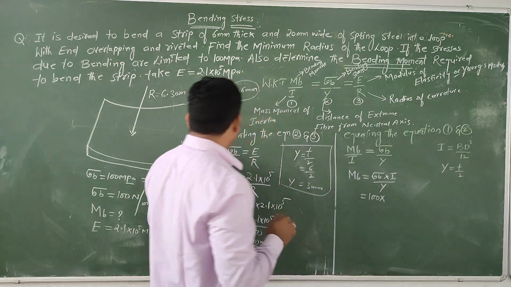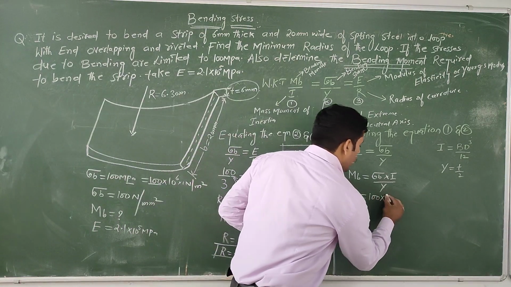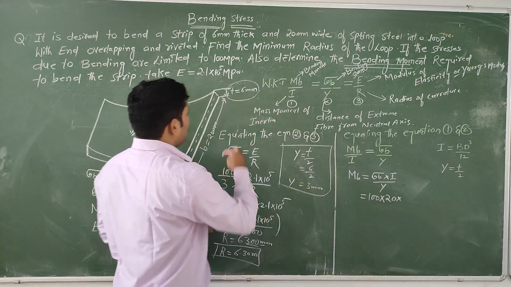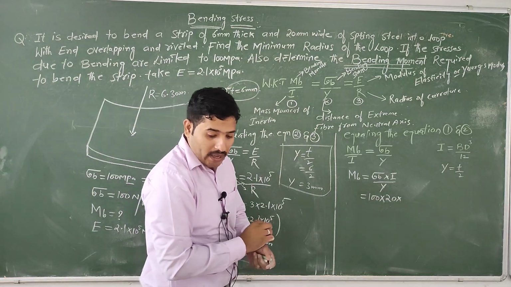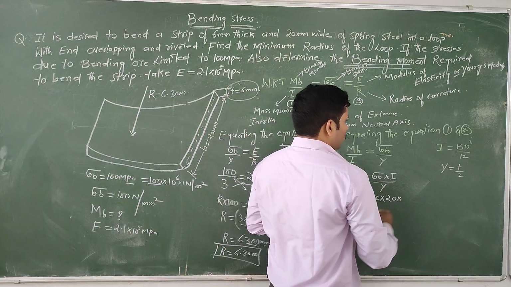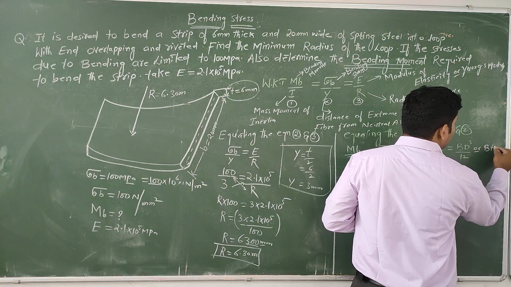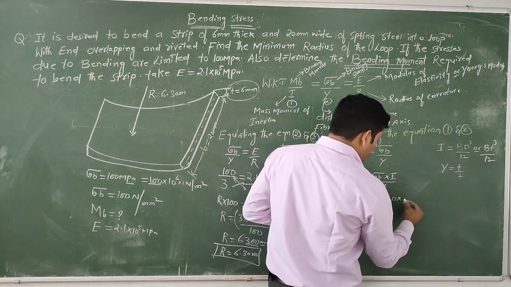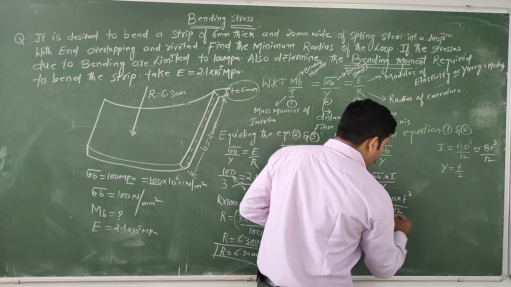B is breadth, the width is 20, into D, meaning depth or thickness, so BT cube by 12.